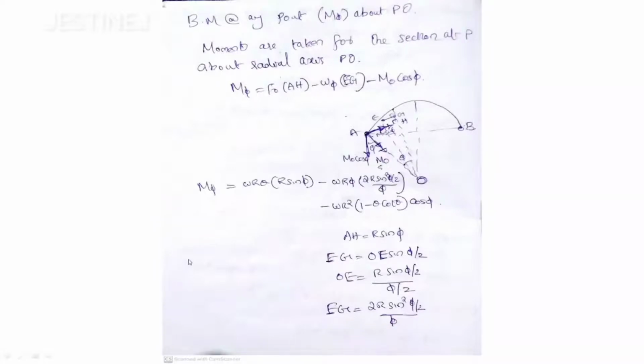And if you observe the bending moment at any point, about PO, let us take this point to be P. Moments are taken for the section about the radial axis PO, that is this axis. Here we are going to split this moment with respect to this phi angle.